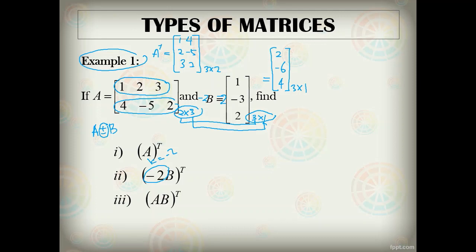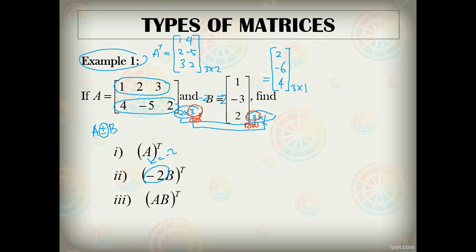The next thing is when you want to perform the multiplication of the two matrices, you must make sure that the column of your first matrix is equal to the row of your second matrix.